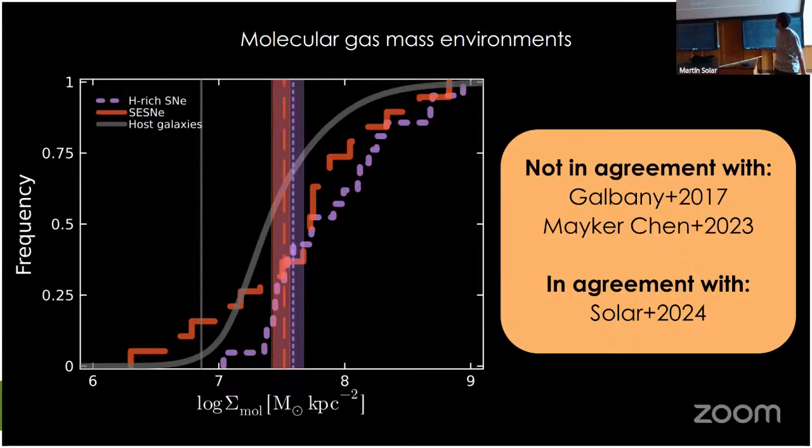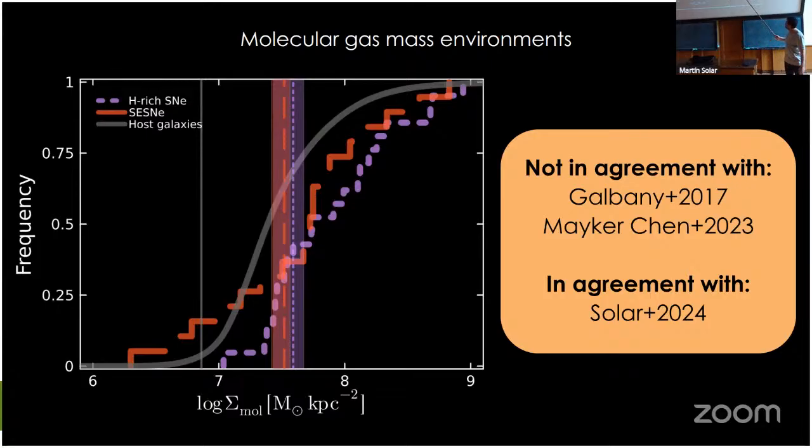Well, this is not in agreement with these two previous papers, but the main difference is that in Galván in 2017, they used spatial scales comparable to galactic structure, that is 2 kiloparsecs. And at 2 kiloparsecs it is not possible to resolve the giant molecular clouds.